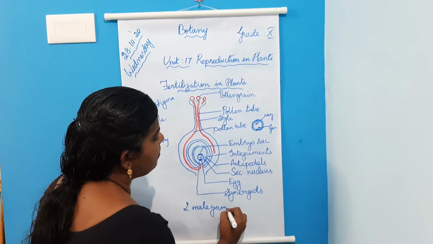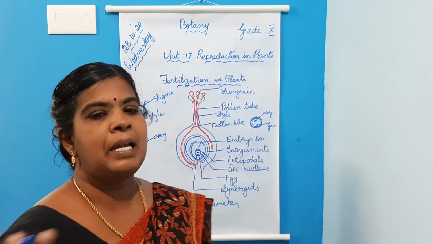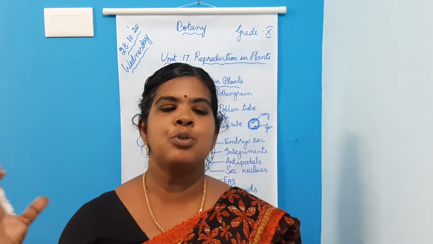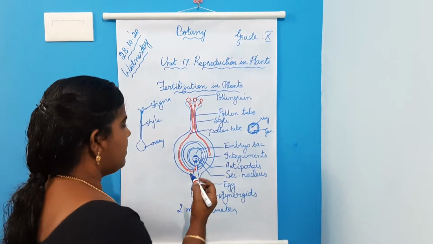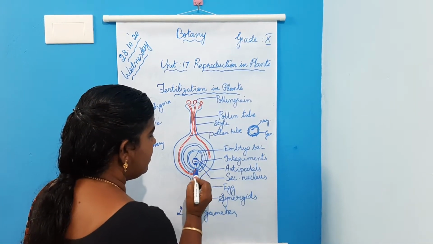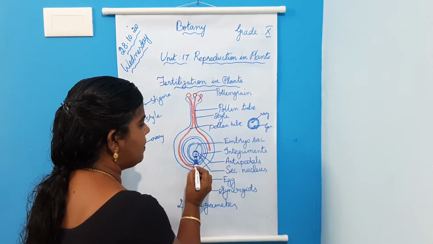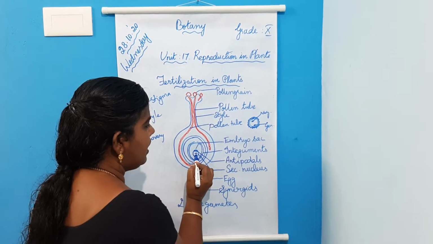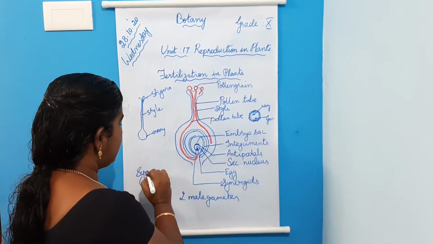The tip of the pollen tube bursts and the male gametes are liberated. Two sperms enter the embryo sac. One of the sperms fuses with the egg.